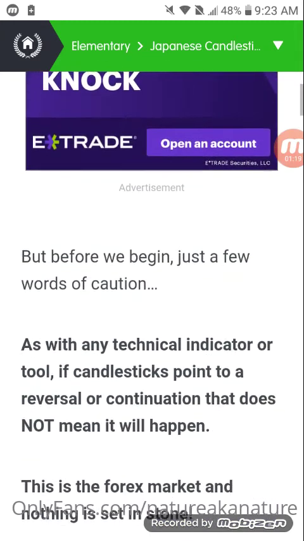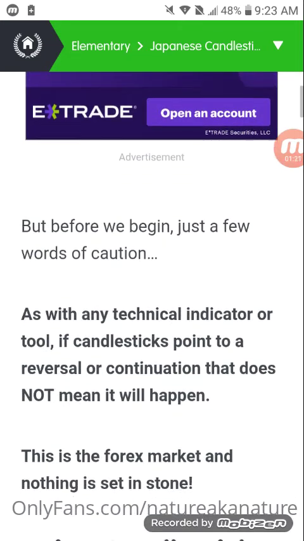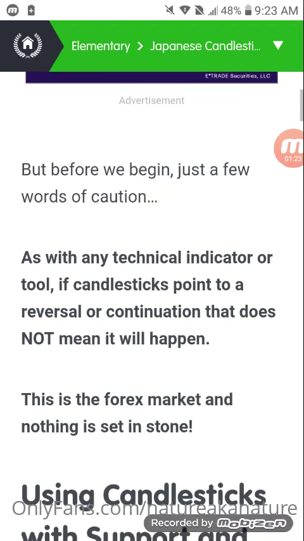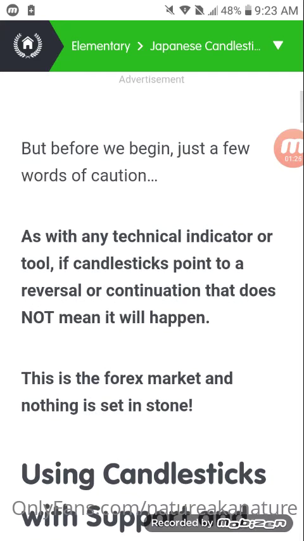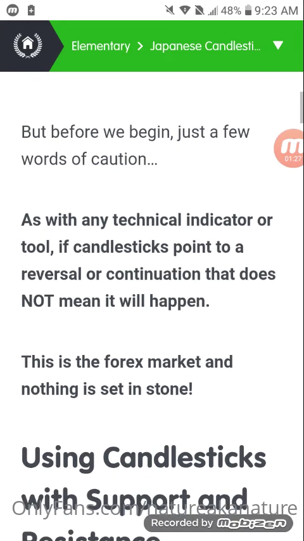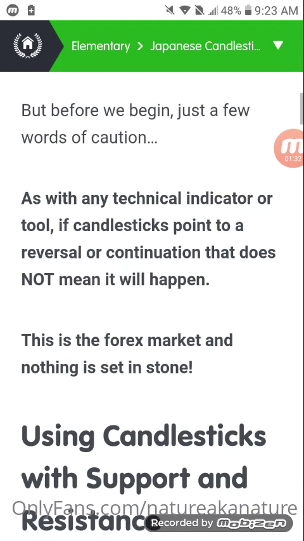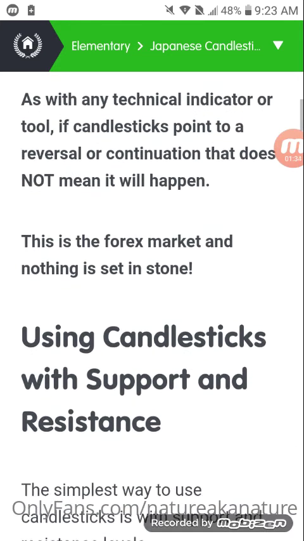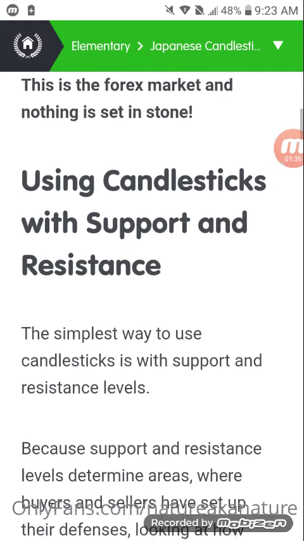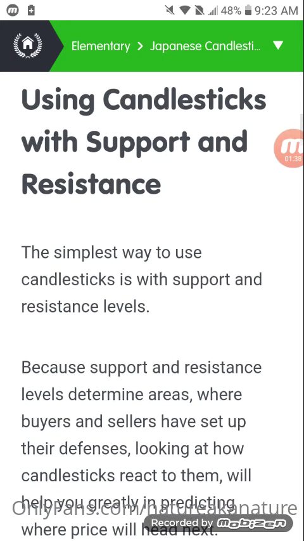But before we begin, just a few words of caution. As with any technical indicator or tool, if candlesticks point to a reversal or a continuation, that does not mean it will always happen. This is the Forex market, and nothing is set in stone. This is why you want to make sure that you understand when the market is reversing, when to get in a trade, and when to exit a trade.